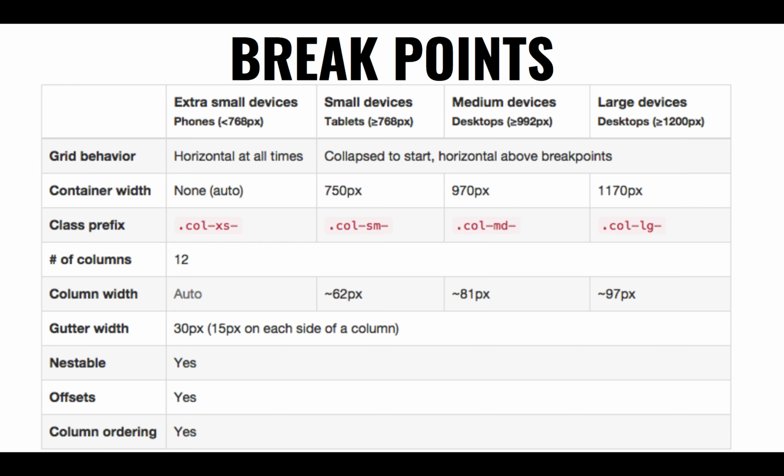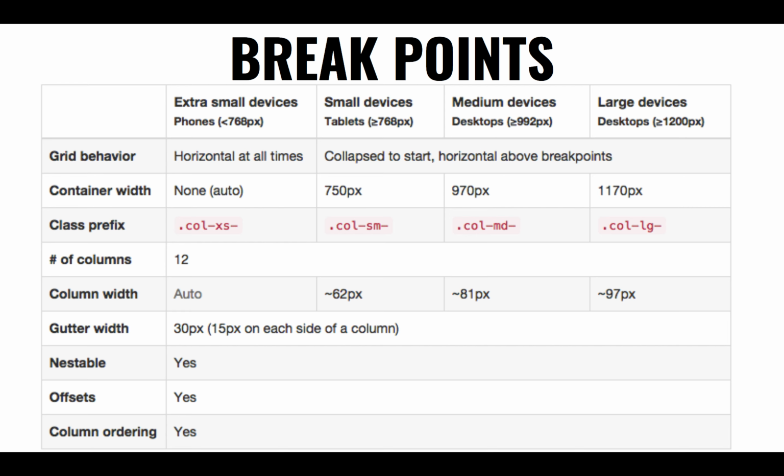They have gone and surveyed the average screen size of various mobile devices, and they have determined that these are nice pixel breaks in mobile phones. So it says, I'm going to target the styling for large. I'm going to consider large screen anything that is above 1170 pixels.